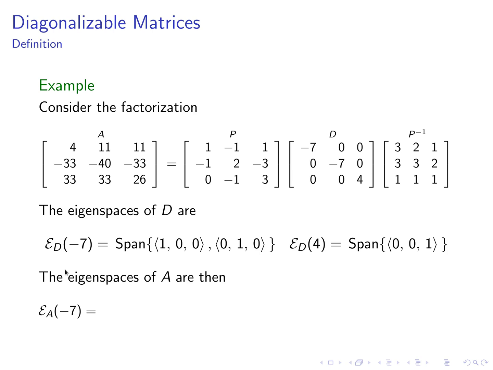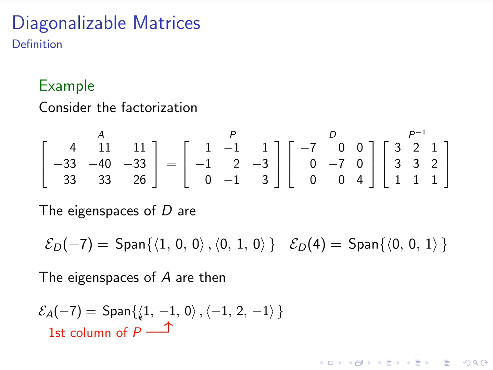To find the eigenvectors of A, we take our bases for the eigenspaces of D and multiply each of those vectors by the matrix P. When we multiply P by 1, 0, 0, all we're really doing is plucking out the first column of P, and we get 1, -1, 0. When we multiply P by the vector 0, 1, 0, we're plucking out the second column, which is -1, 2, -1.